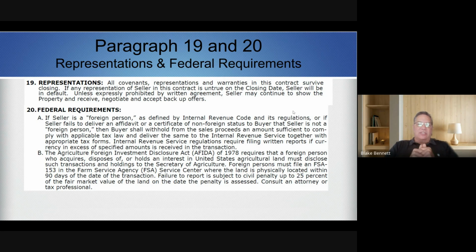This law states that if anyone is a non-U.S. citizen that purchases 10% ownership or more in ag property, they're required to fill out and file paperwork with the federal government, letting them know about that purchase within 90 days of purchase. If they don't fill out the paperwork within 90 days of purchase, they could be fined 25% of the market value of the property. I found this out about 8 years ago.